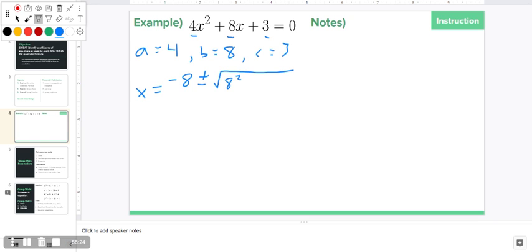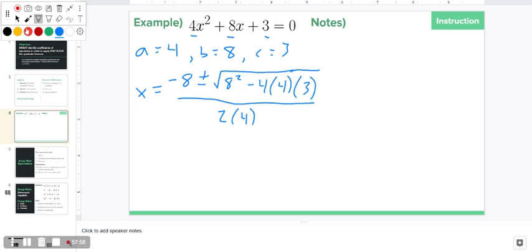A lot of us forgot the square symbol there. Minus 4 times a, which is 4, times c, which is 3. I'm going to go ahead and make sure I extend that square root sign a little further. And all of this is over 2 times a, so in this case 2 times 4.